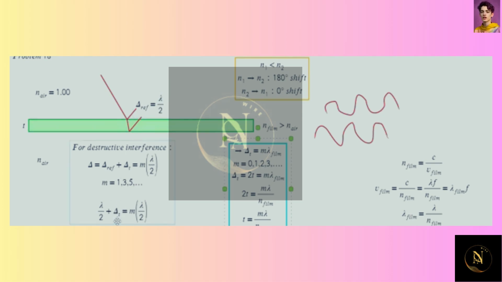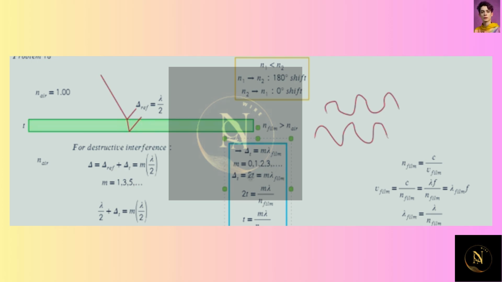So that means delta t must be some integer multiple of wavelengths. But we are in the film, so that wavelength is lambda film. So it's going to be an integer multiple of lambda film, so that's why it's m equals 0, 1, 2, 3, and that's where that shift occurs between m's. Here it's odd numbers, and here it's 0, 1, 2, 3, the consecutive integers.